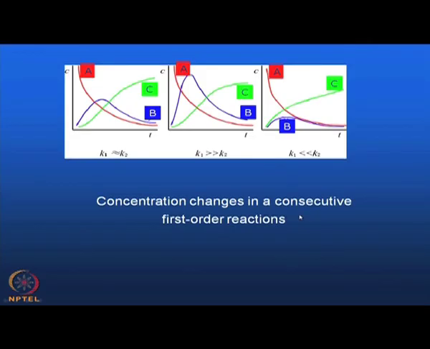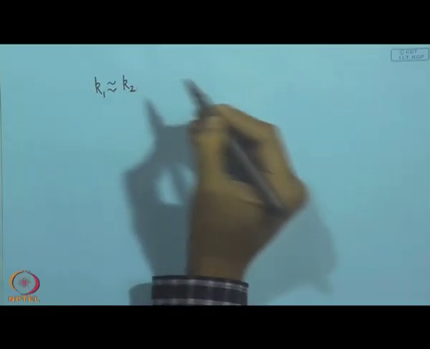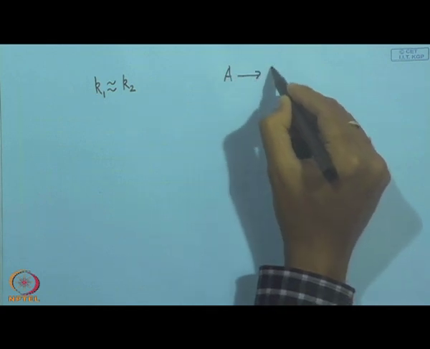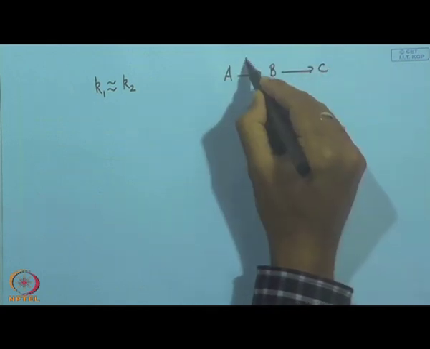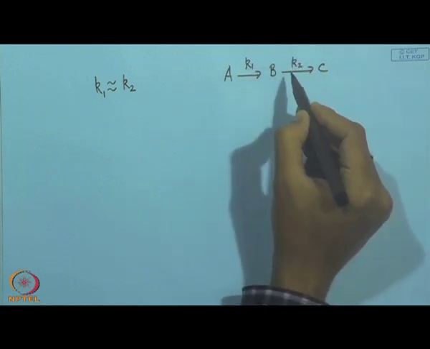Now, if we focus on the concentration of various species present in solution for such a consecutive first order case, then we can have three situations. One is K1 close to K2, that is A to B to C with K1 and K2 rate constants very close.